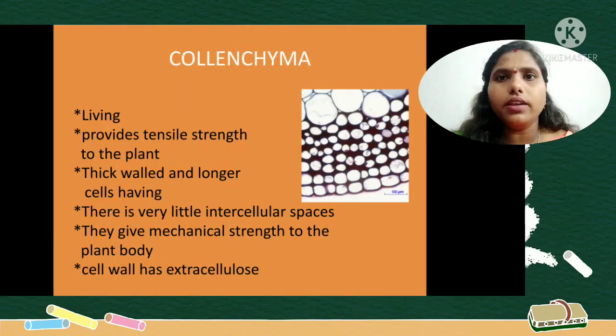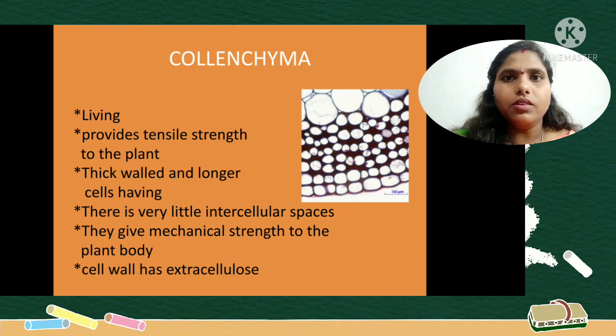The next tissue is collenchyma. Observe the picture here. By observing these cells, we can easily make some points. This tissue is also living. If you observe the cells, they are elongated cells.